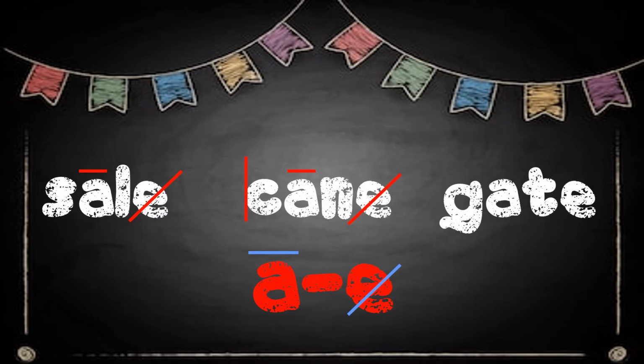Let's look at the word gate. Do you see a sneaky E? Let's cross it out because it is silent. Remember, sneaky E sneaks behind the consonant and scares the vowel into saying its long sound. So we put a macron over the A to remind us that the A is saying its name.